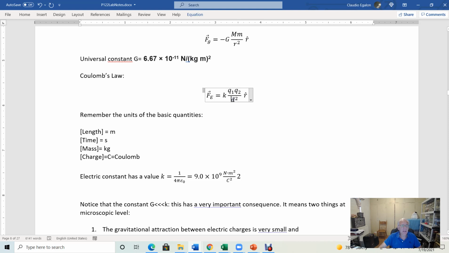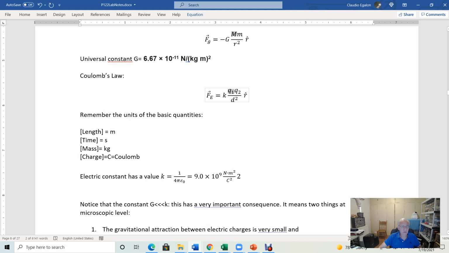Remember, d is the distance between the electric charges. The format is very similar. We have a constant here, and a constant here. Those constants have different units, by the way. If here it is kilogram, here it is going to be coulomb. We have the source of the gravitational force here, which is the mass.